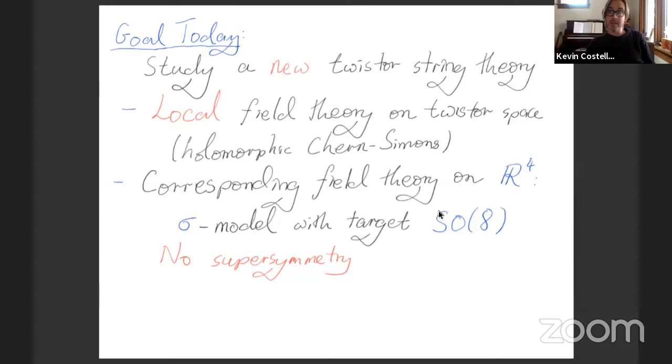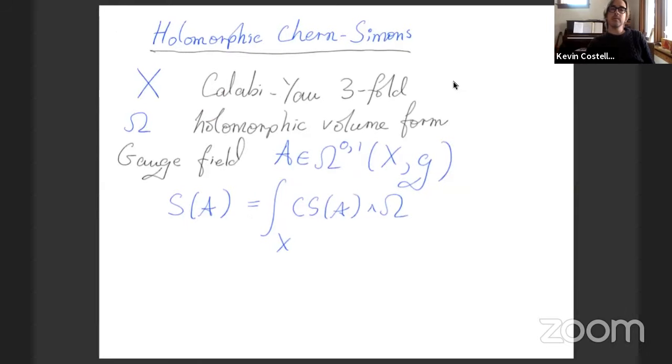So let me try to say a little bit about what the field theory on twistor space I'd like to introduce is. The field theory is called holomorphic Chern-Simons theory. This is a simple Lagrangian field theory you can write down on any Calabi-Yau threefold, introduced by Witten.